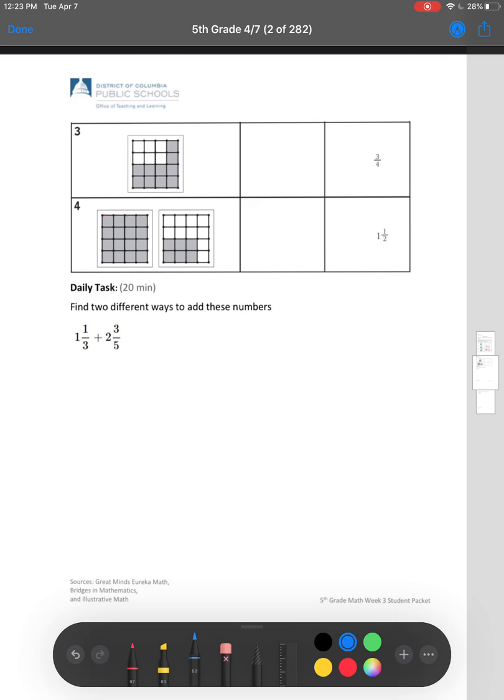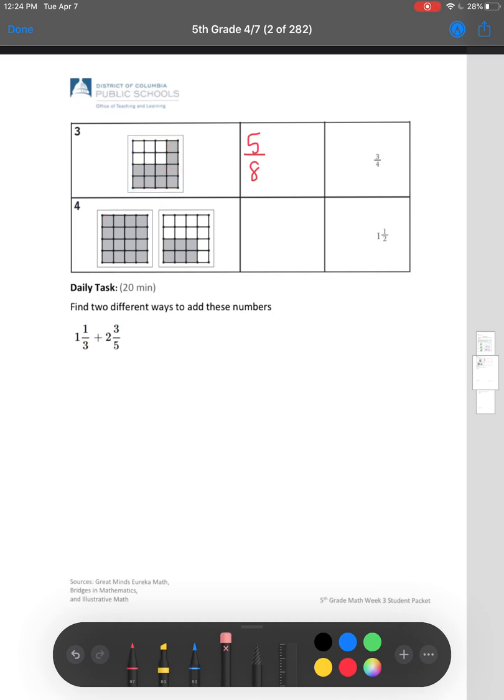So now I'm going to try eighths. All right, so again, I'm going to divide my geoboard into 8 pieces. Oh, okay, well, I'll use red. All right, so 8 pieces, and I can see that 1, 2, 3, 4, 5 out of 8 groups are shaded in. So this is representing 5/8.